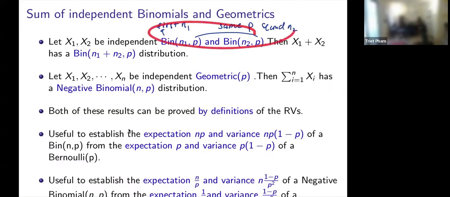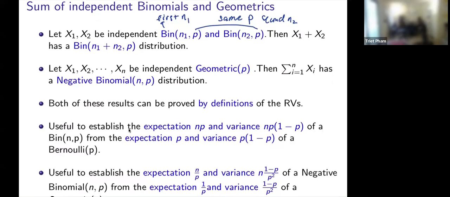If you sum them up, you get the total number of successes in all the trials. Geometric is the same: it's the number of trials until you see the first success. The negative binomial is the number of trials until you see the nth success. So if you sum the number of trials until each success, n times, you get the number of trials until the nth success.